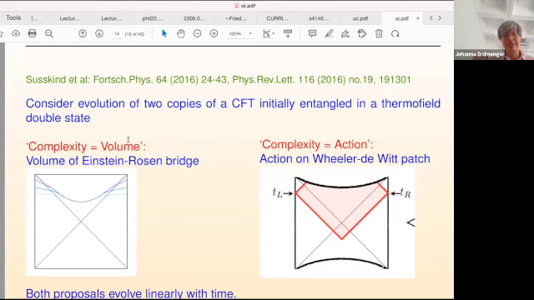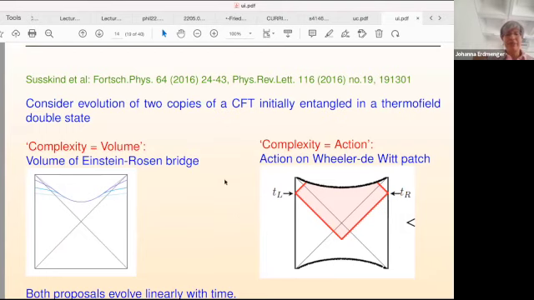So the idea is that the gravity dual of the complexity will be the volume of this bridge. That's a very wild suggestion, but there's some reason why this should be the case. One reason is that this also grows linearly with time. If you calculate this volume using the equations of motion for the gravity theory, you find that it grows linearly in time. For that reason, there's some feature which is similar to this complexity.